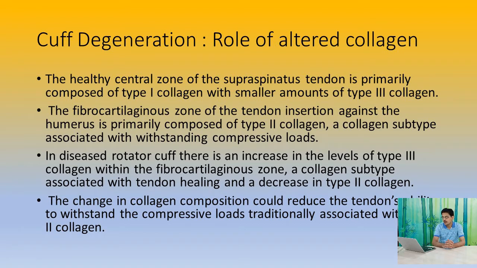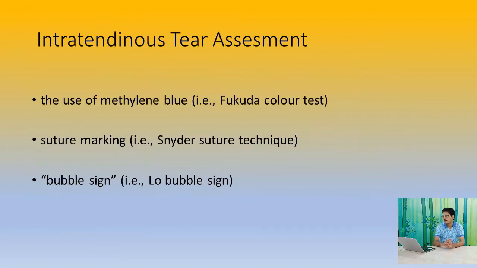In a diseased rotator cuff, there is an increase in the level of type 3 collagen within the fibrocartilaginous zone, a collagen subtype associated with tendon healing, and a decrease in type 2 collagen. So this change in collagen composition reduces the tendon's ability to withstand the compressive loads traditionally handled by type 2 collagen.